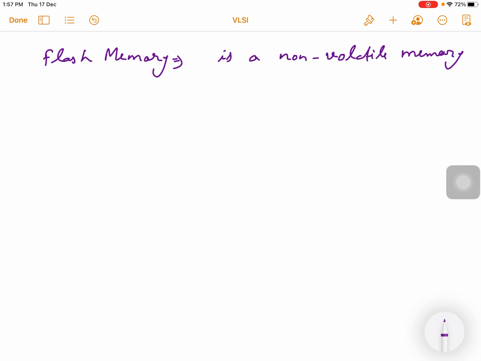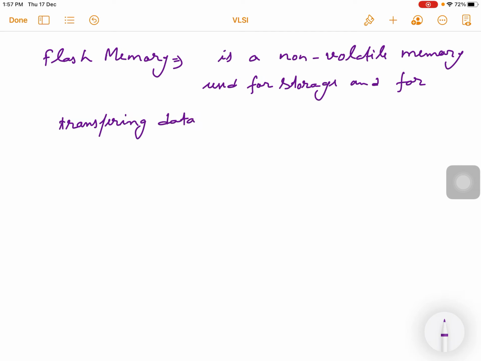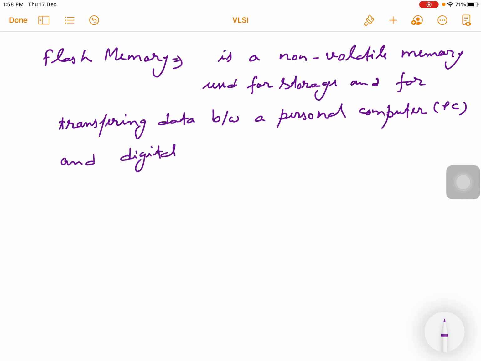So, this flash memory is a non volatile memory used for storage and for transferring data between a personal computer, that is PC, and digital devices.